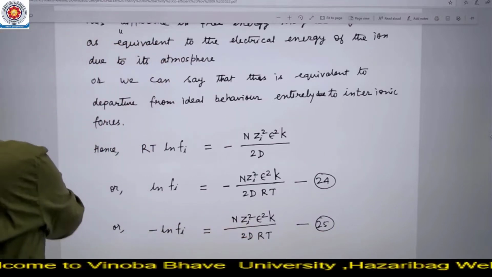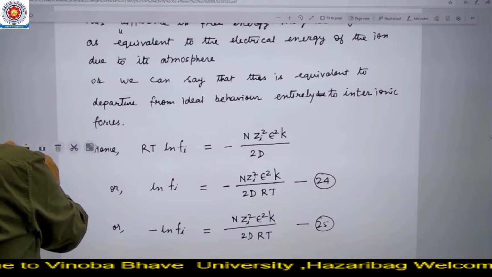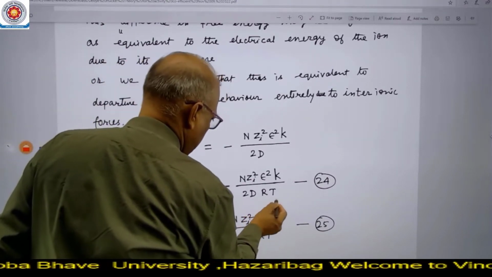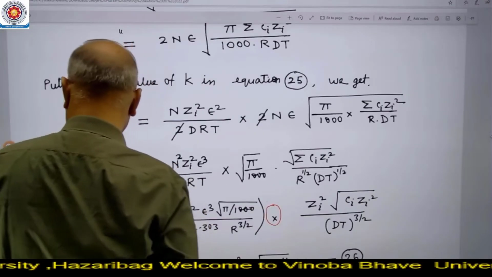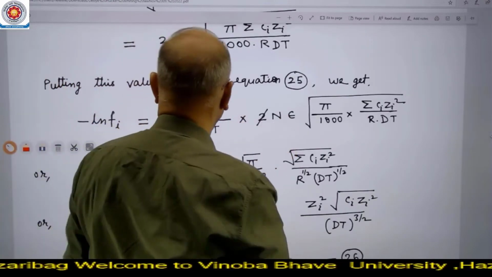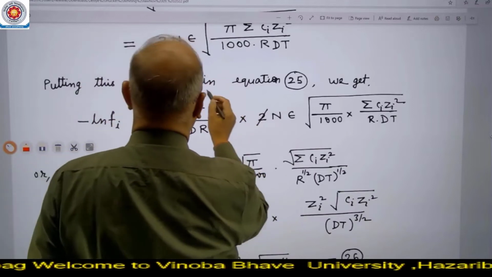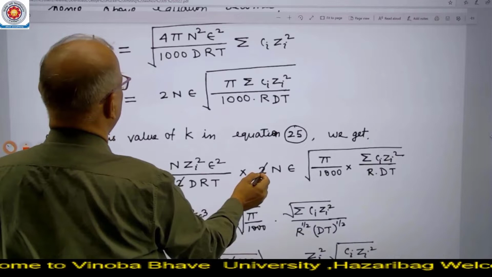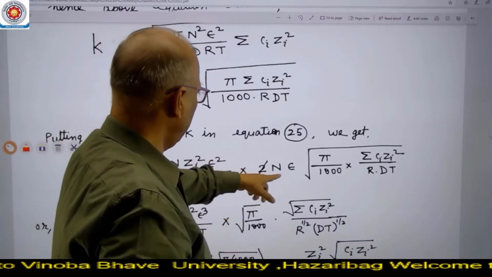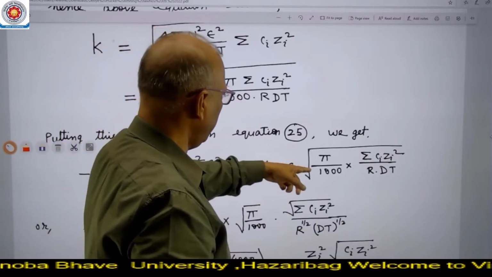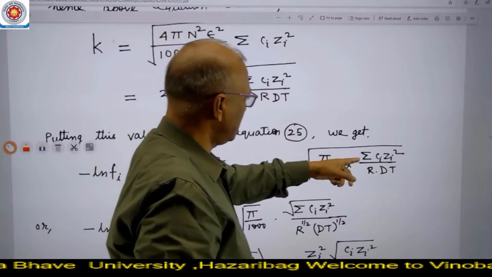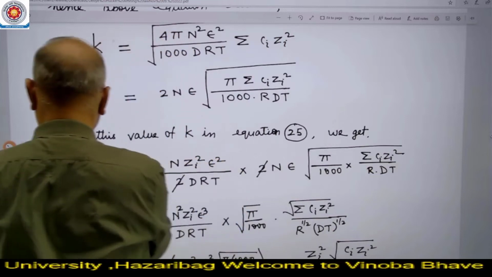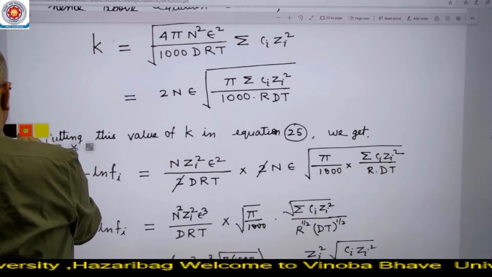So in this equation, if we put the value of K, which we have already discussed, it now becomes this one. Only we have put the value of K. This K value has been put: 2N epsilon under root pi by 1000 summation Ci Zi square divided by DRT, and the rest part is the same.